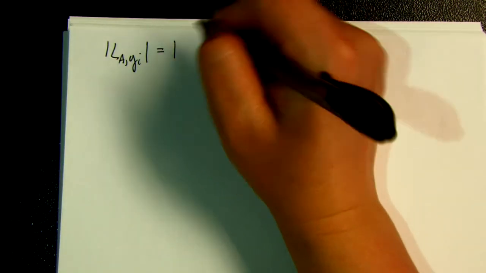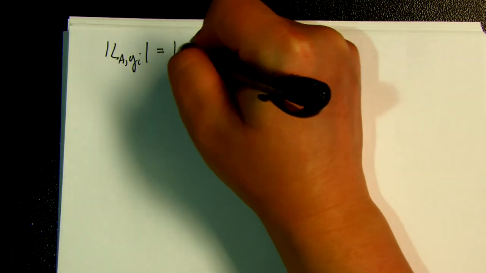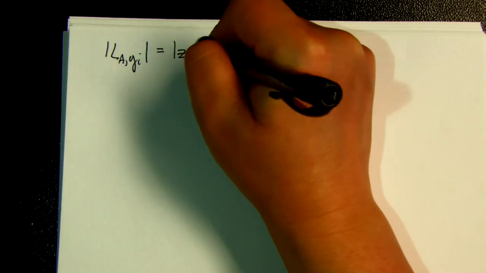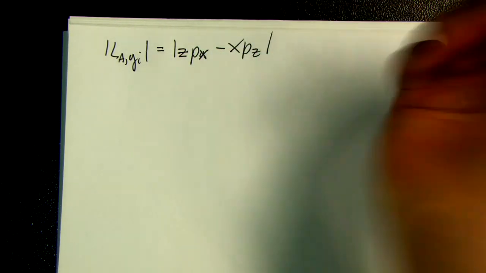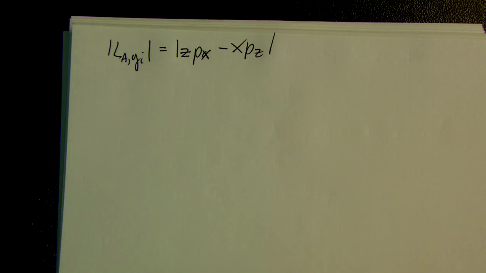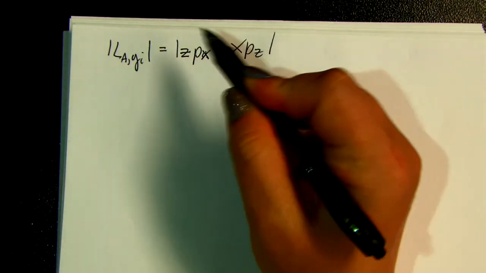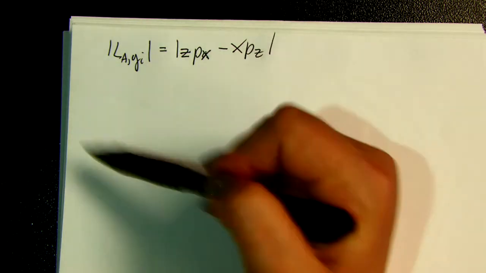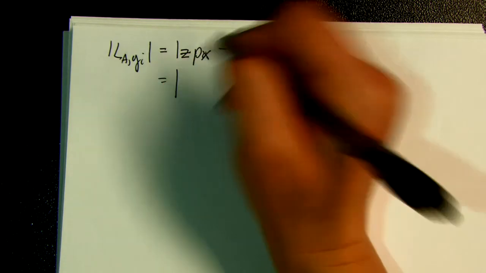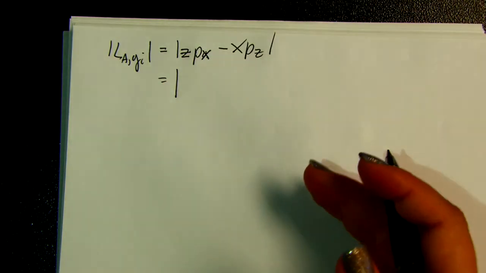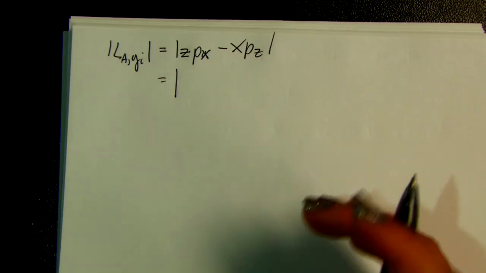So in this case, we know it's just going to be in the y component. We know that we're looking at z p x minus x p z. If we look at our cross product formulation, we have the components here that make that up. You could also think of it in terms of your r vector being r sub x, r sub y, r sub z, instead of x, y, z.